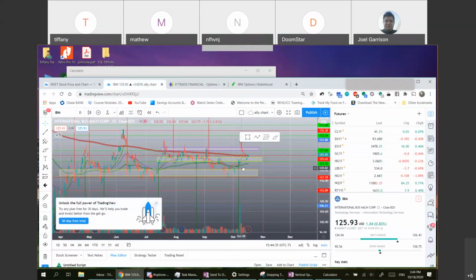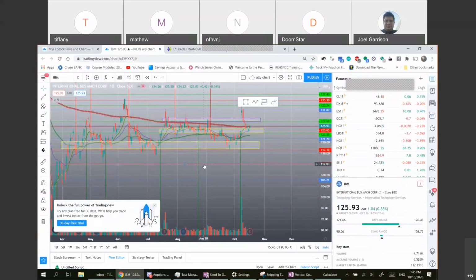There's major support that we're building up in this area, from 121 to 125, basically that area, 127. So there's likely a chance that it will never go to 120, and this is my strike. I can only lose about $200 from this. So that is a quick credit spread because that's a bullish strategy.